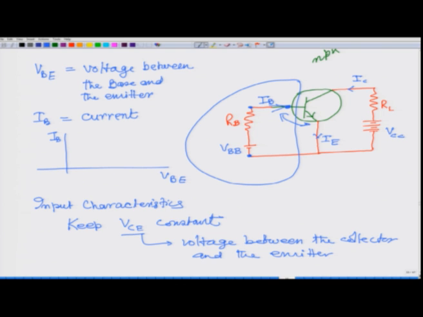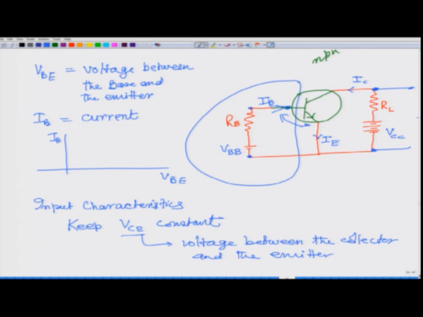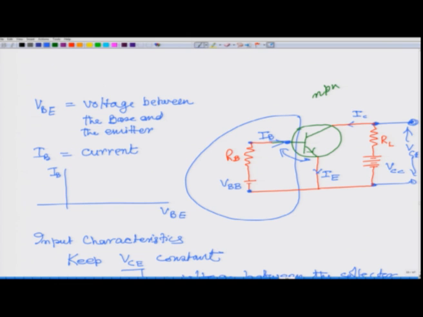This one, this is the collector here, and here is the emitter. So, the voltage between these two means the voltage between this point and this point here, that is our VCE. Okay. So, this figure we will need again and again, maybe I will draw it again.